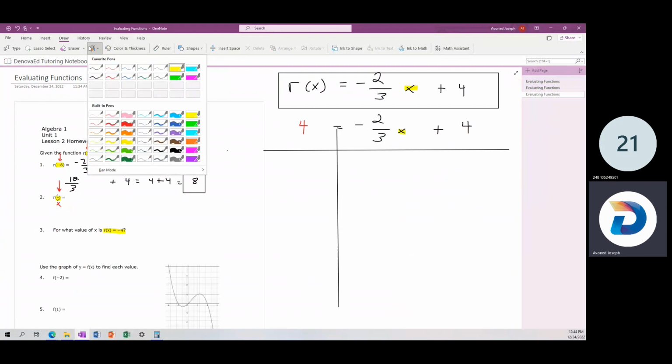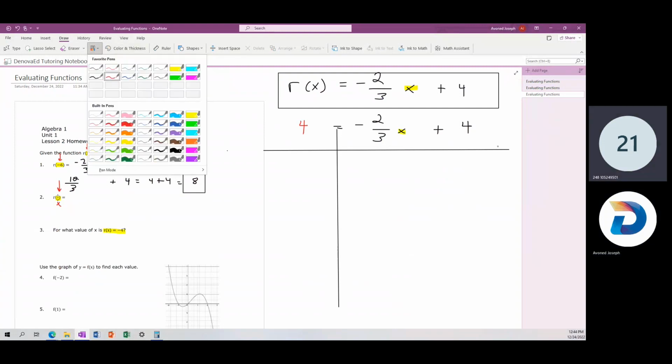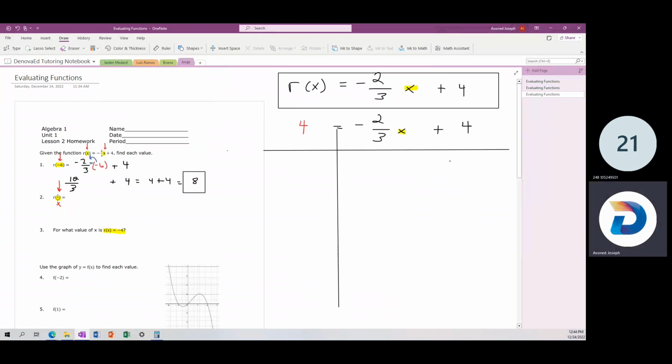What's the opposite of +4? -4. So we subtract 4. Oh, that's a -4 that they gave us right here. So we have a -4 and another -4. That'll give us what? -8. 4 plus 4 is 8. They're both negative. Keep it -8.